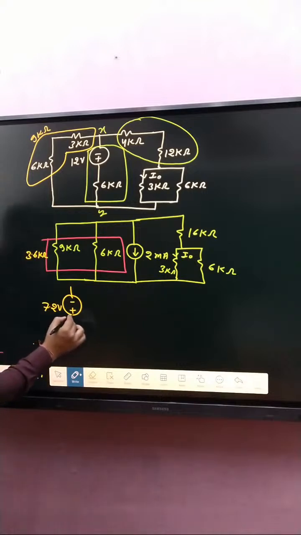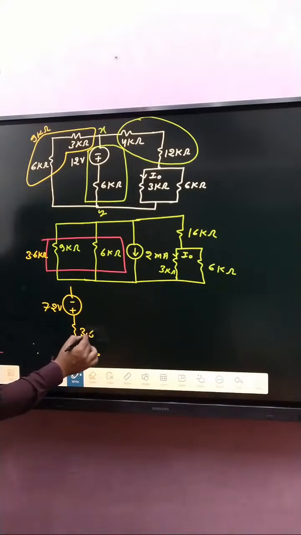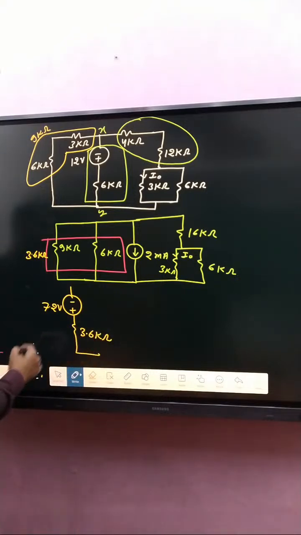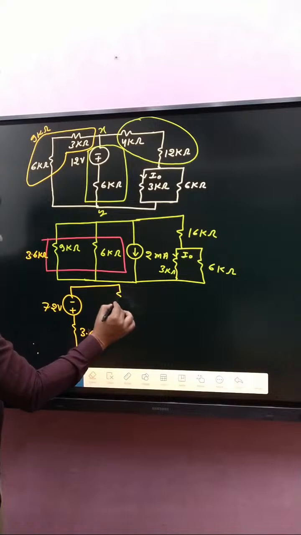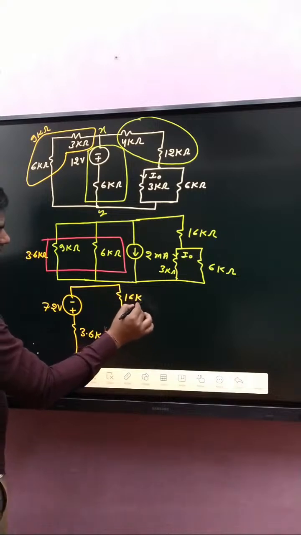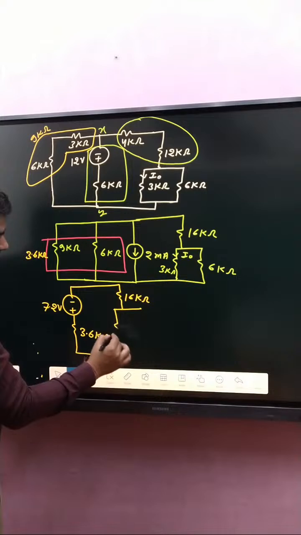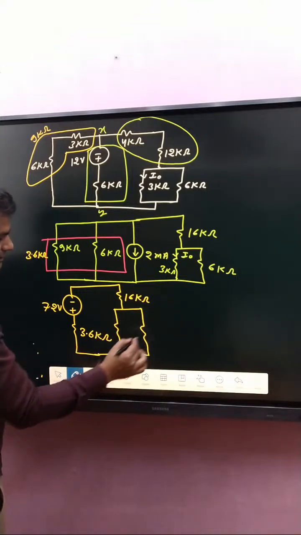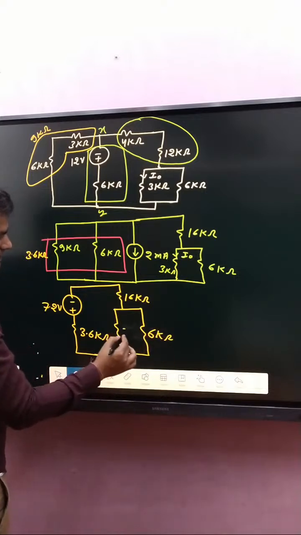And the resistance is 3.6 kilo ohm. After that, that one is 16 kilo ohm, and that one is 6 kilo ohm, and that is 3 kilo ohm.